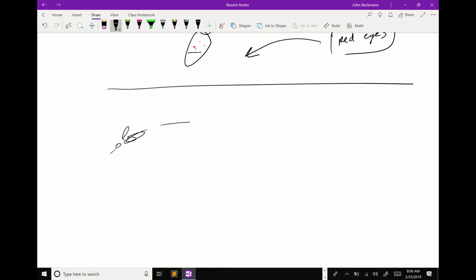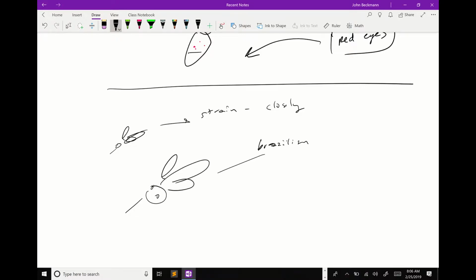So oftentimes you want to work on a strain that's very closely related to the strain in the field. So if you want to, say, make a transgenic mosquito that you're going to release in Brazil, oftentimes you want to make it from that Brazilian strain. So oftentimes you don't have access to a white-eyed mutant, even though you could theoretically do it that way.